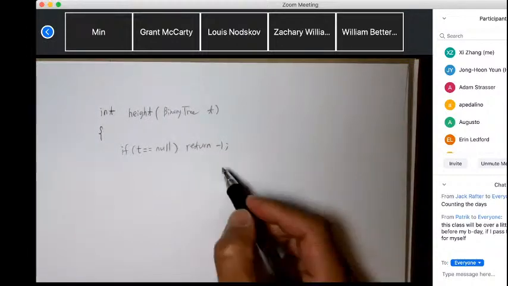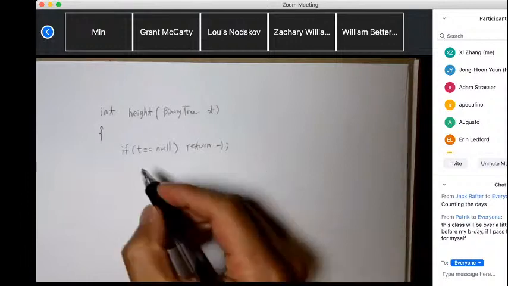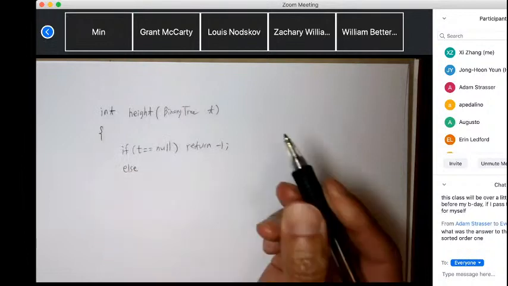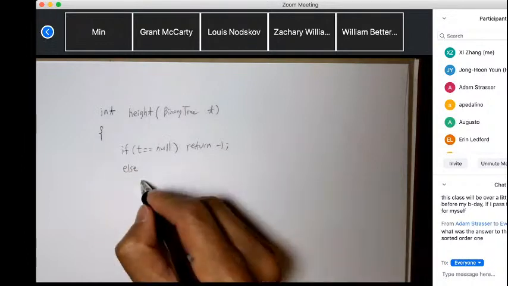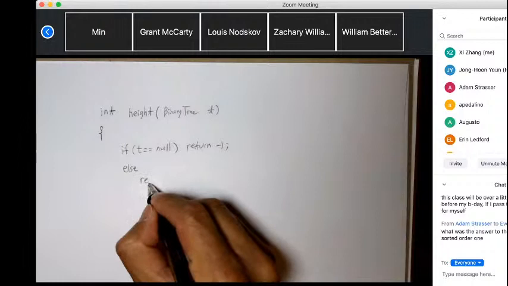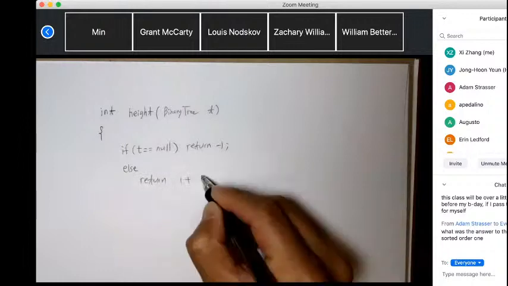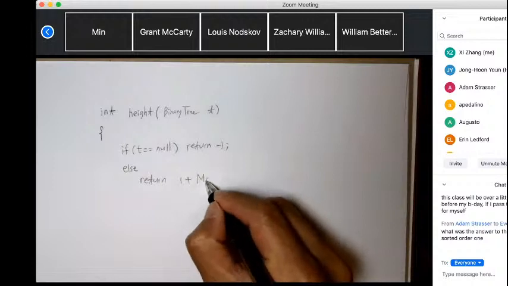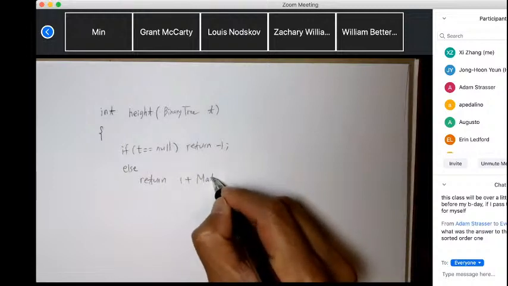So otherwise, what we need to do, we simply return 1 plus. Let me use the max function. Java has a max function.